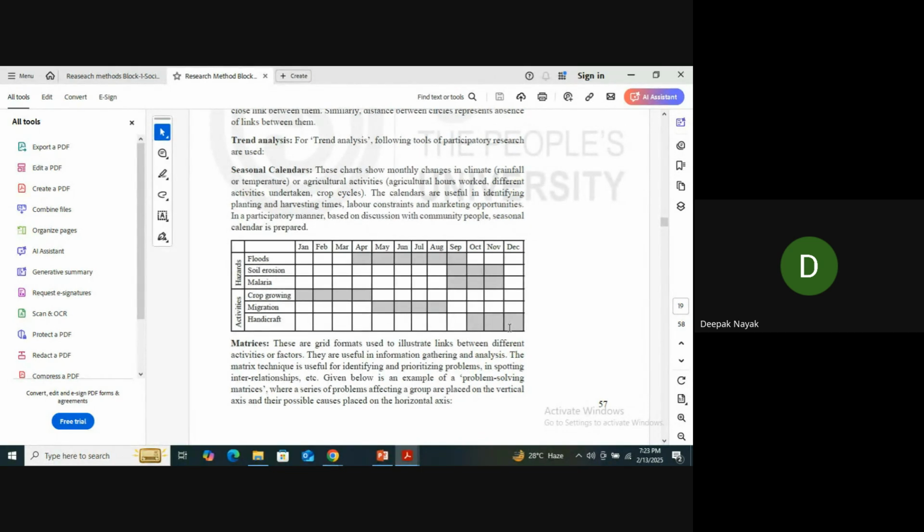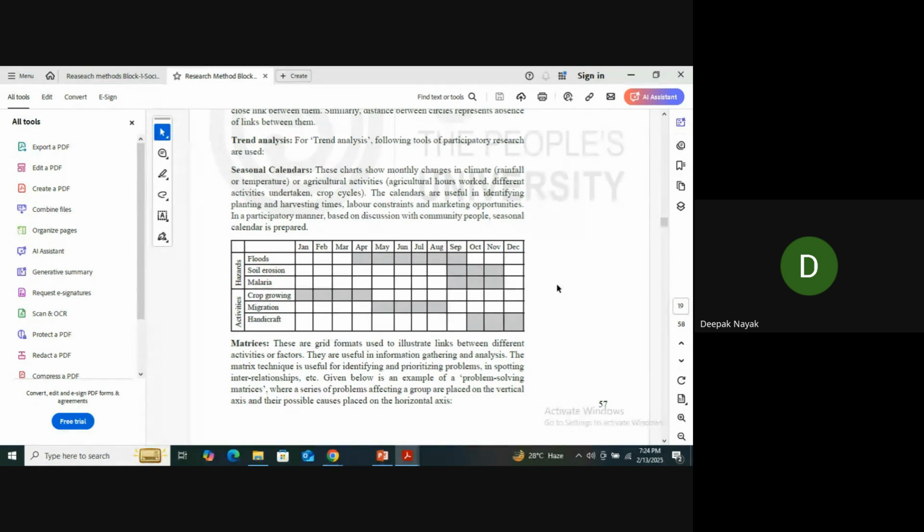They migrate in May, June, July and August. Why? Because they don't have cropping time these days, they don't have sowing time these days. That's why they go to the urban areas as industrial labors. Then handicraft, they do in which month? They do in October, November, and December.